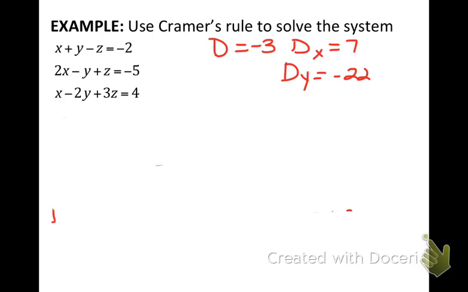To find z, take our A's, so our coefficients, oh, I just erased that. That's right, we got it. So my A's are 1, 2, 1.